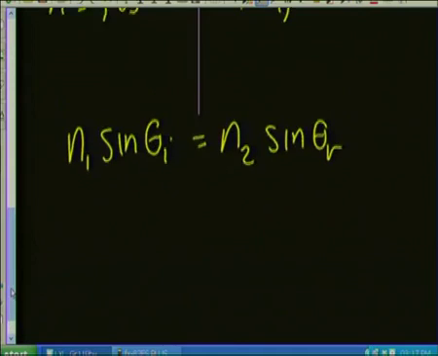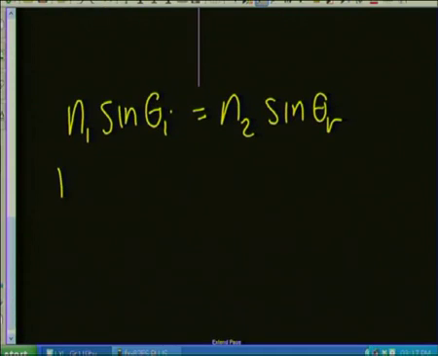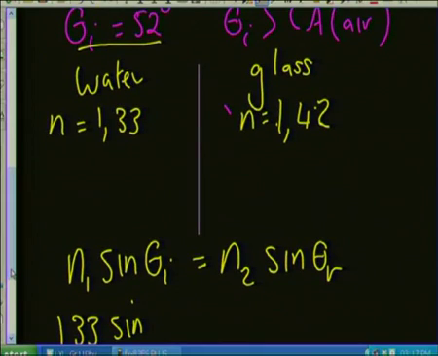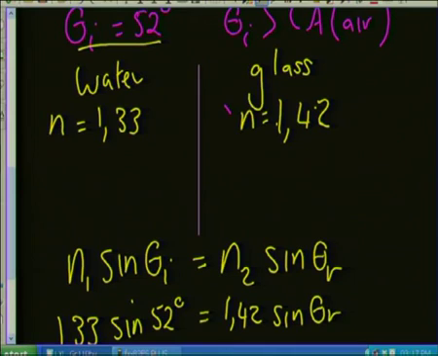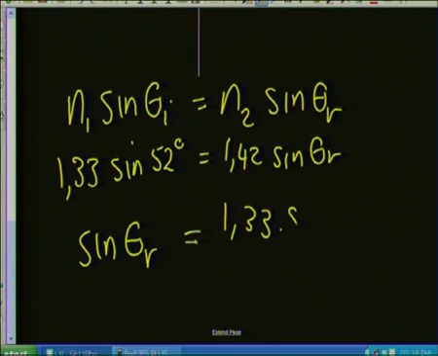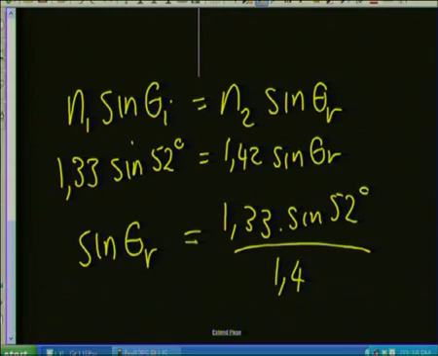Now, if we substitute in, we get 1,33, that was for the water. The angle was sine of 52 degrees. We're going to get n2 here as being 1,42. And we want to know the angle of refraction. So we just simply rearrange, and we're going to get sine theta r is equal to 1,33 times sine of 52 degrees divided by 1,42.